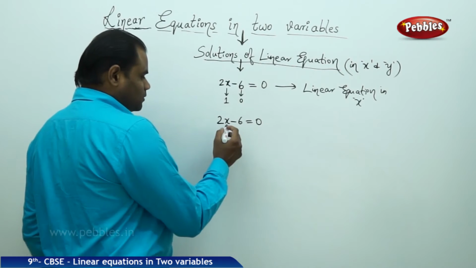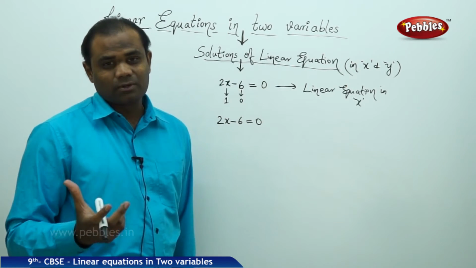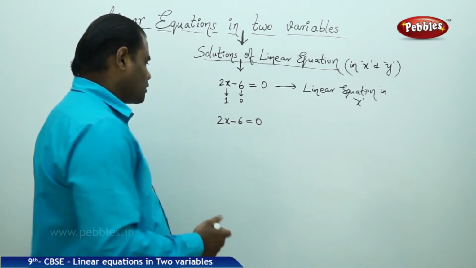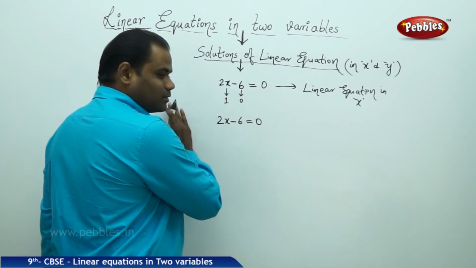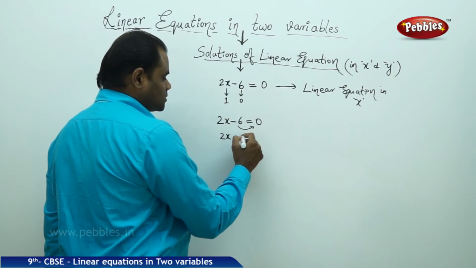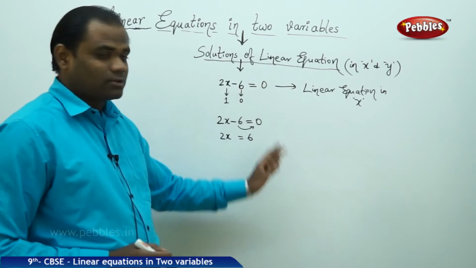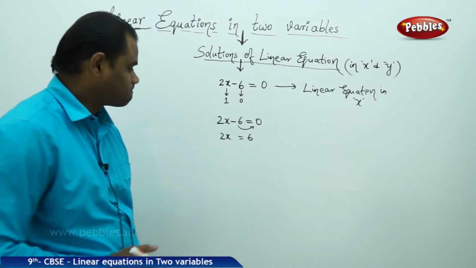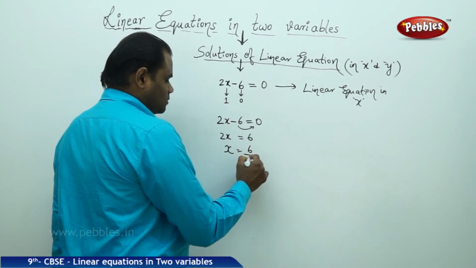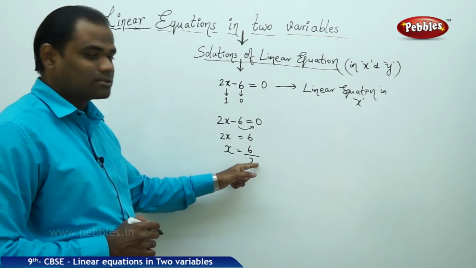Clearly, when you want to identify the value of x which satisfies the equation, it's about simplifying this equation to get x. Therefore, in order to find x, I take all the x terms to the left and all the non-x terms to the right. So minus 6 does not have x, so it comes to the right as plus 6. Then I have my x, which is 6 by 2, because 2 comes down here.